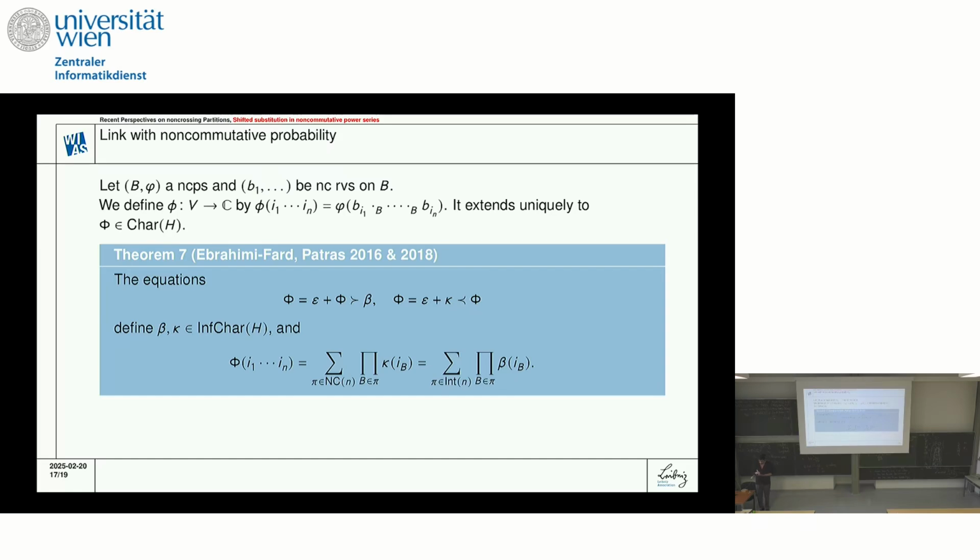And the reason for this, maybe if I have one minute, is that when I do this half shuffle kappa, let's say I have I1, I2, I3, I4, I would have by definition kappa tensor kappa, and I would have to extract subsets of this word and put some on the left and then some bars on the right. But here kappa has this property that whenever it sees a bar, it vanishes, because it's somehow a logarithm.